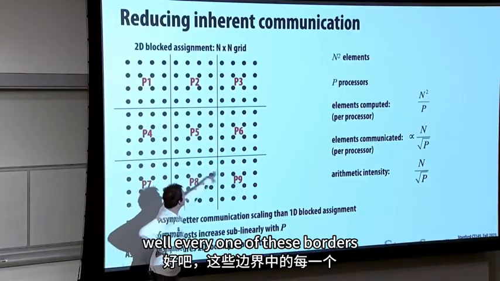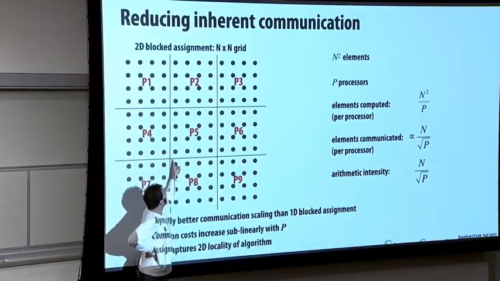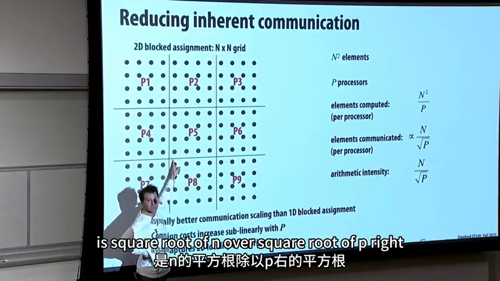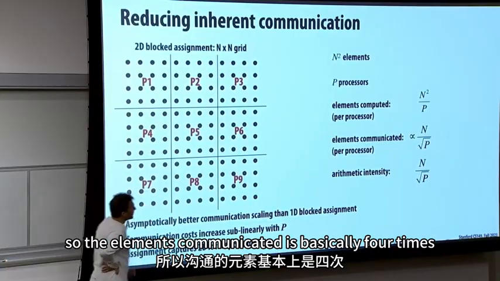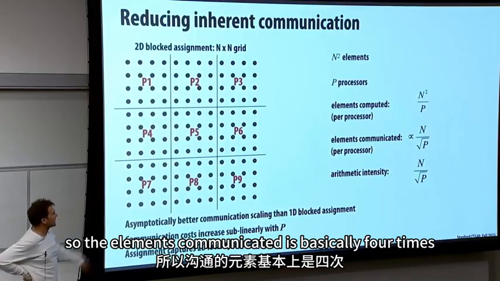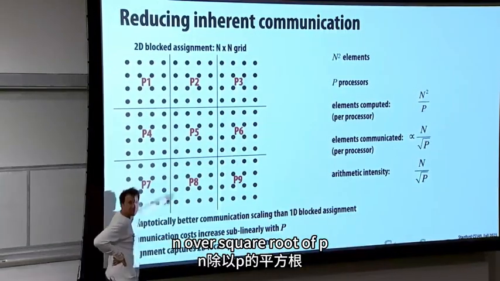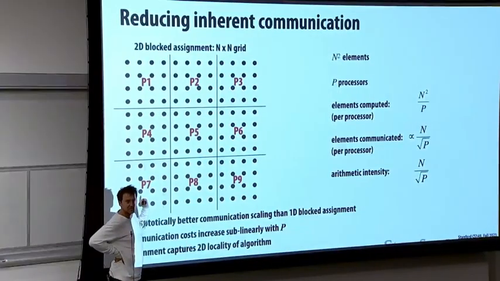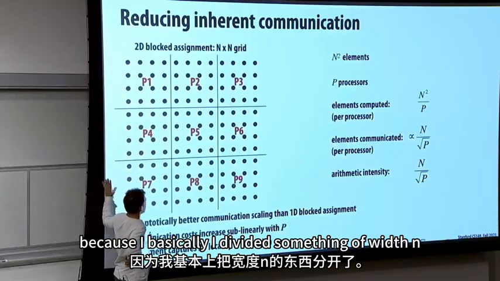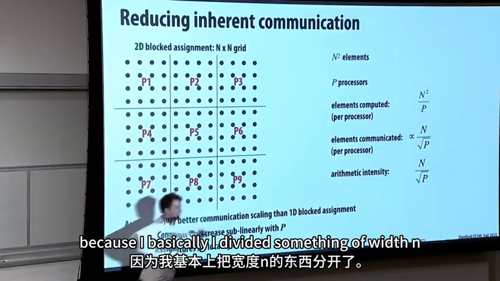What's the communication? Well, every one of these borders is square root of n over square root of p, right? So the elements communicated is basically 4 times n over square root of p. Did you follow that? Okay, because I divided something of width n.